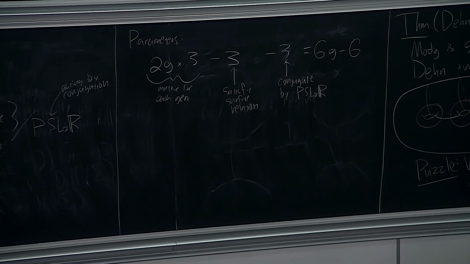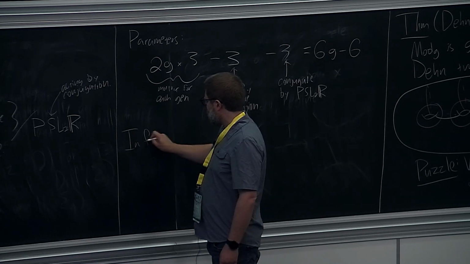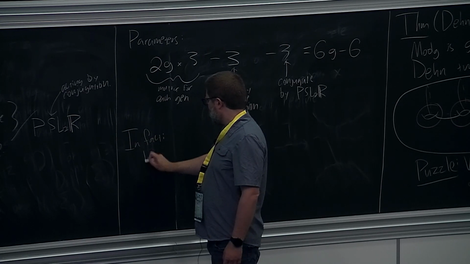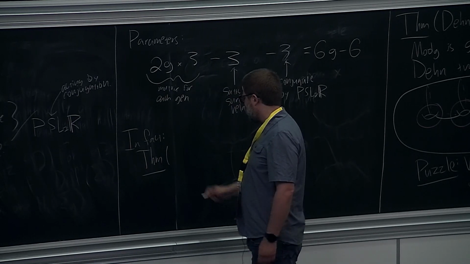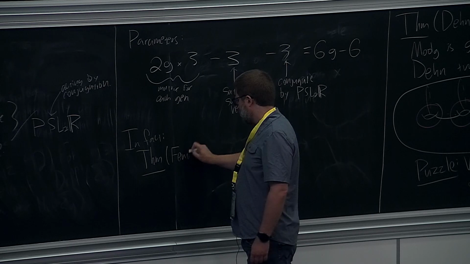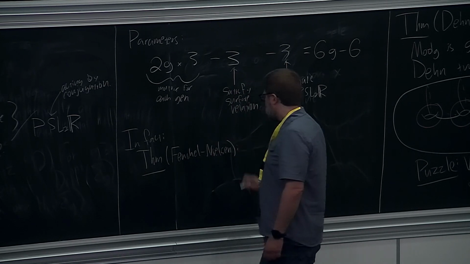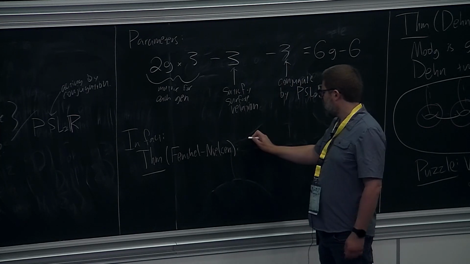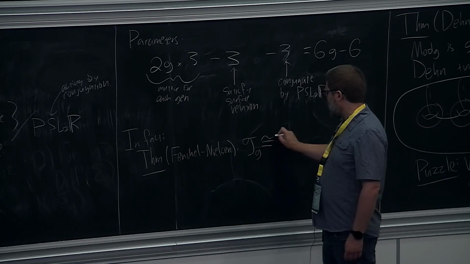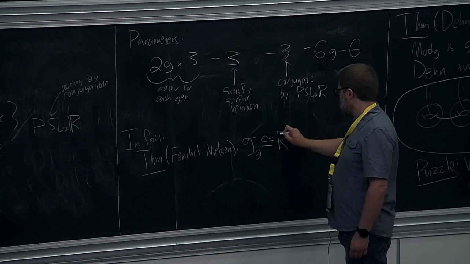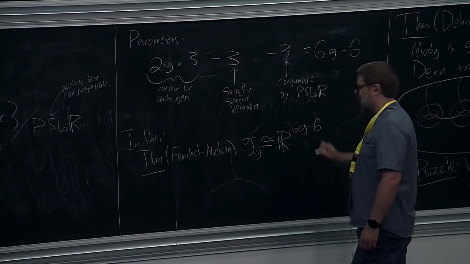And in fact, there's a theorem, which I'm going to say goes back to Fenchel and Nielsen, that says something even better is true. Teichmuller space as a space is actually homeomorphic to R to the 6G minus 6.